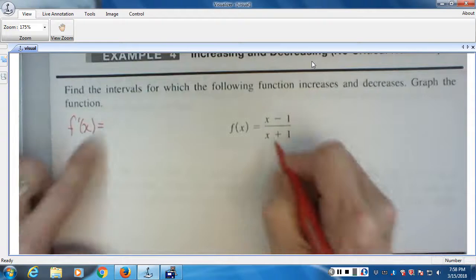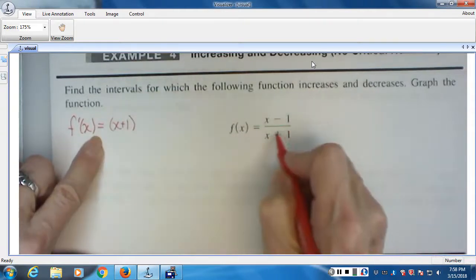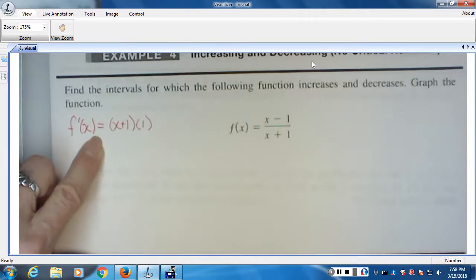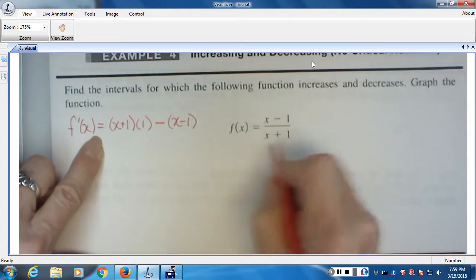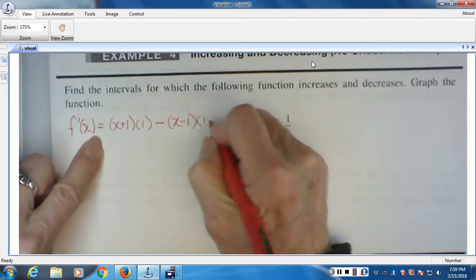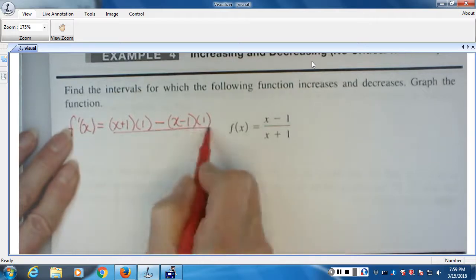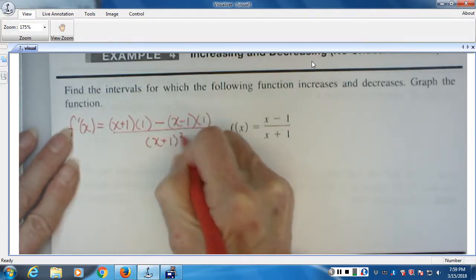It's the denominator times the derivative of the numerator, which is conveniently 1, minus the numerator times the derivative of the denominator, which is conveniently 1, over the denominator squared.